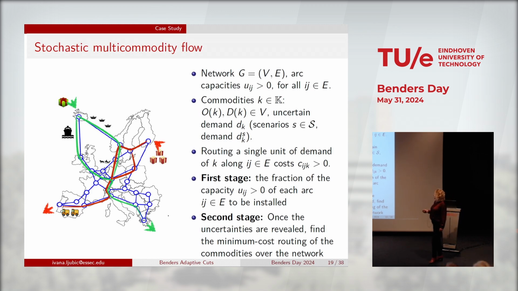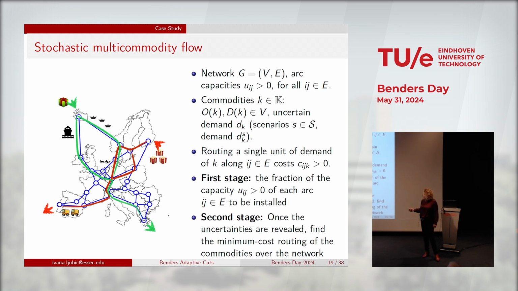Okay? So when we route a single unit of the demand of commodity k along an arc, we have to pay these costs, c_ijk. And what we have to decide in the first stage is how we design the network, which means which of these links will be activated and with which capacity.